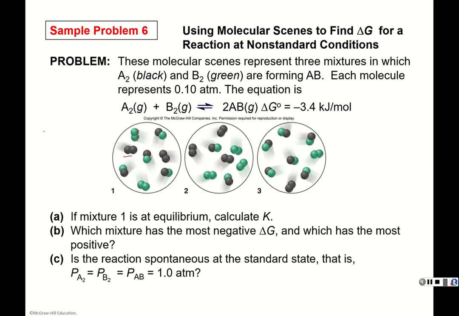Okay, so our expression for K here is going to be the pressure of AB squared, divided by A2 times B2.